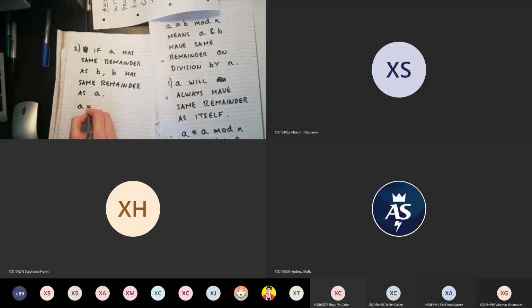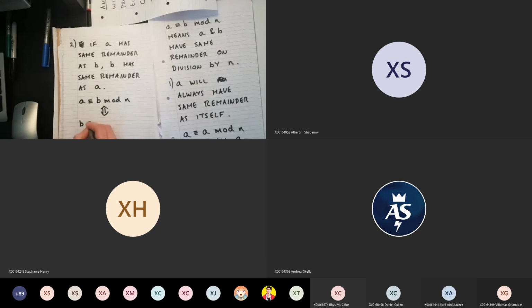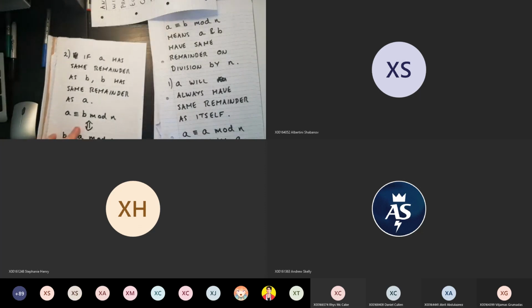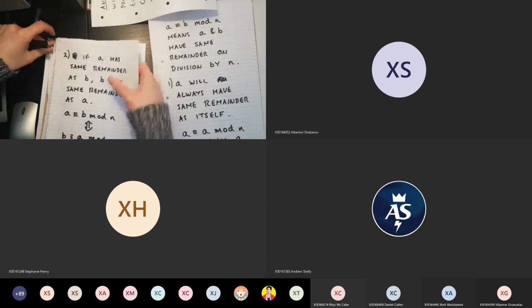That means that if A is congruent to B in mod n, this implies in either direction that B must also be congruent to A in mod n. And the last one to think about is the transitivity.